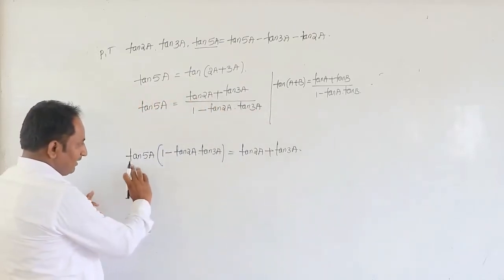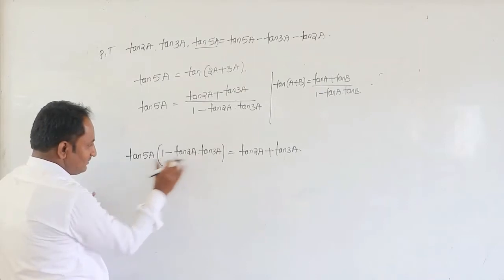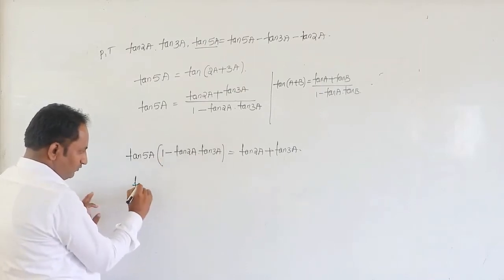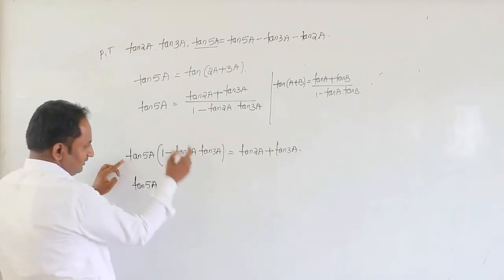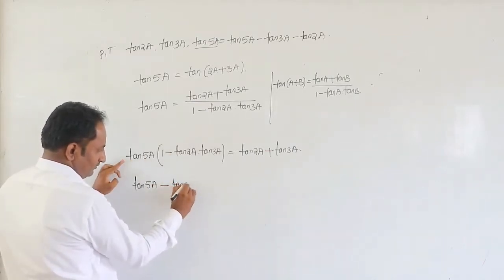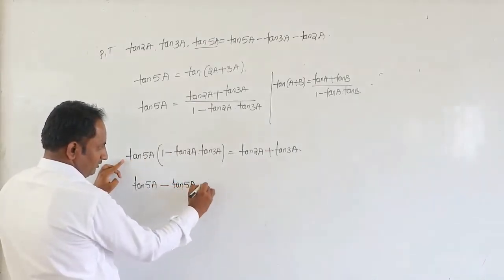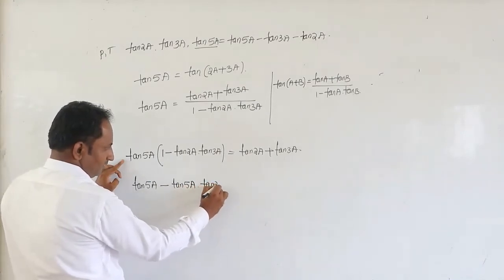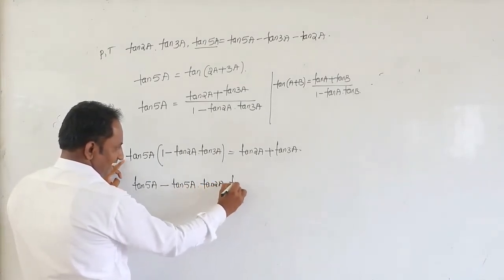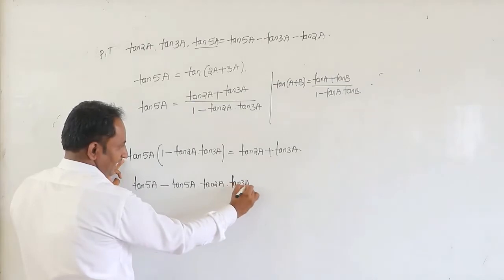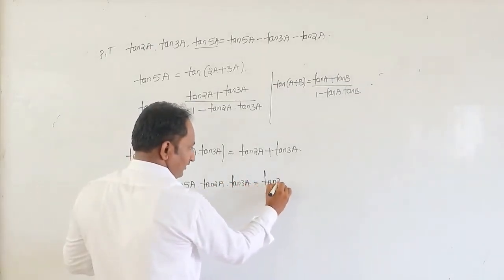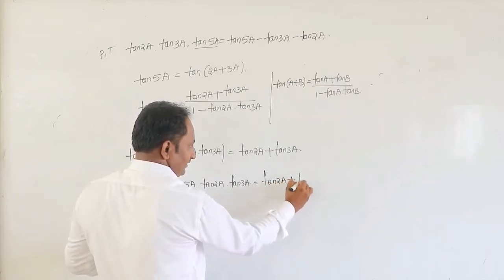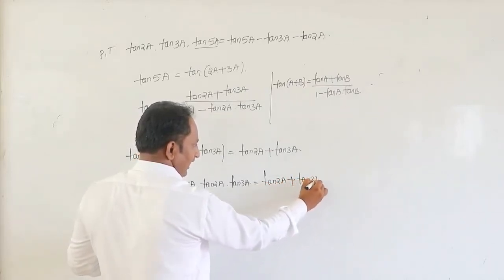Multiplying tan of 5a in this bracket, tan of 5a minus tan of 5a into tan of 2a into tan of 3a is equal to tan of 2a plus tan of 3a.